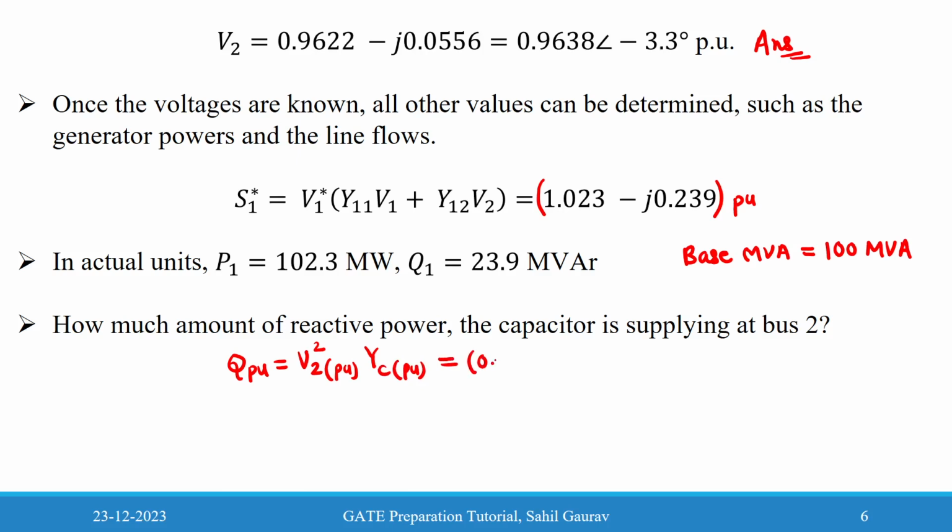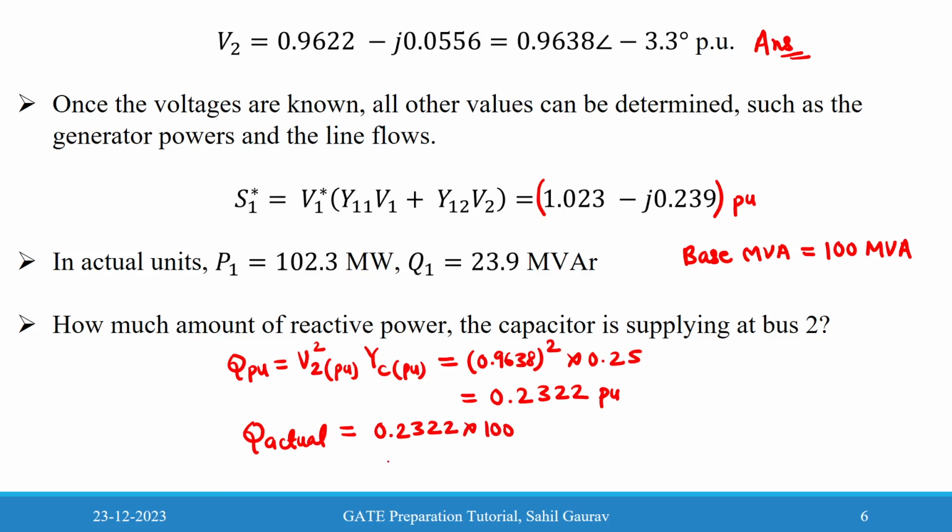That is 0.9638 squared into 0.25, which comes as 0.2322 per unit. The actual reactive power the capacitor is supplying is obtained by multiplying with the base MVA: 0.2322 into 100 gives 23.22 MVA.